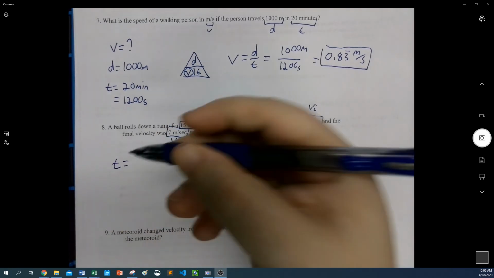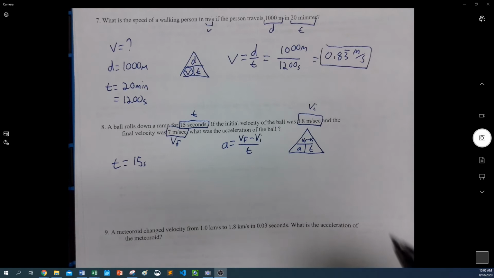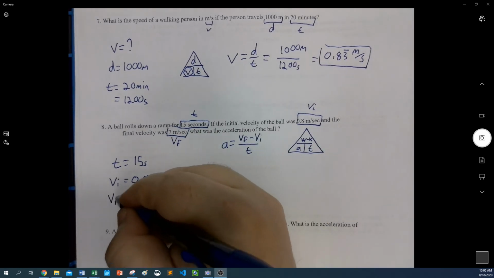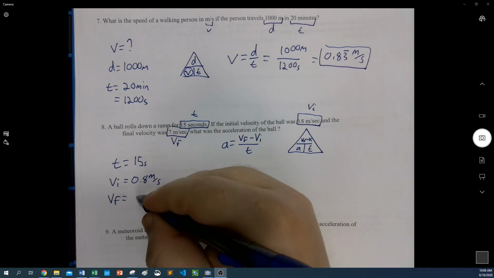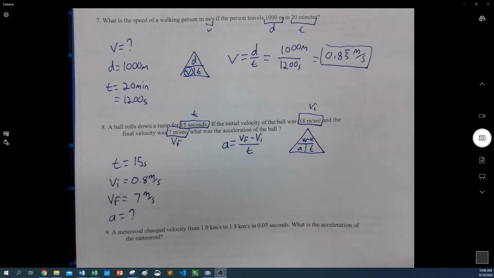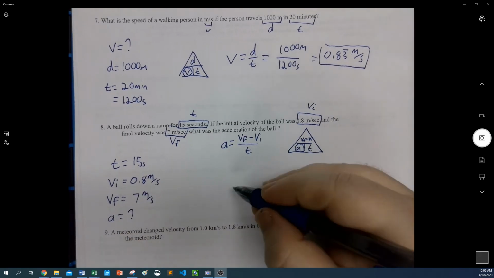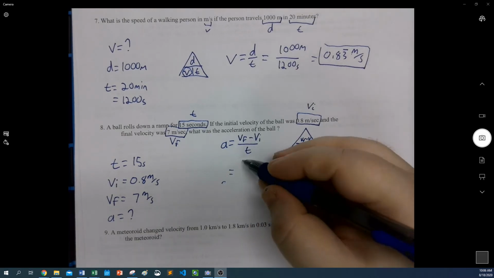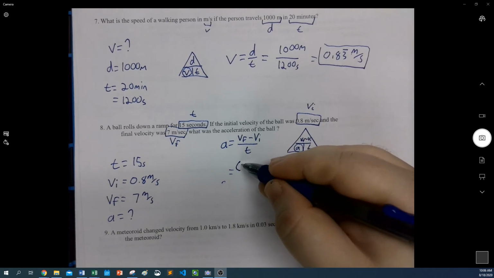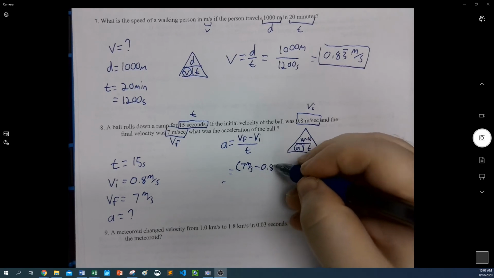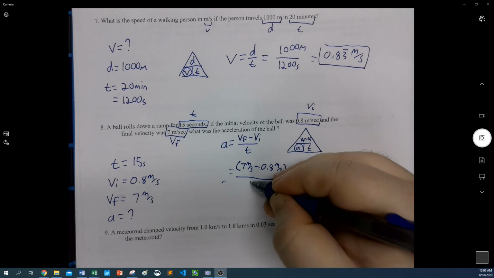So our T is 15 seconds, our VI is 0.8 meters per second, and our VF is 7 meters per second, and we are looking for acceleration. So solving for A is equal to VF minus VI divided by T. I would always put this in parentheses. That'd be 7 meters per second minus 0.8 meters per second, divided by 15 seconds.